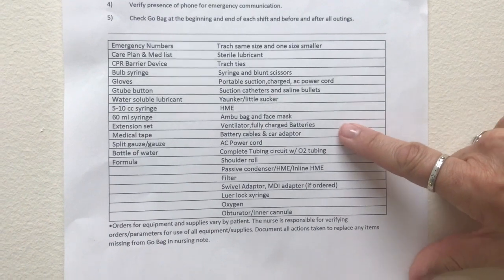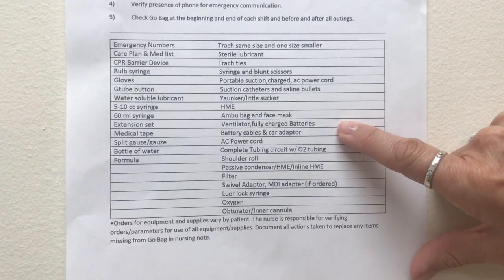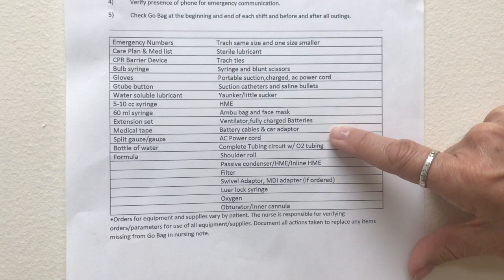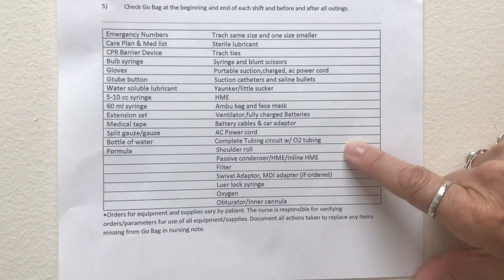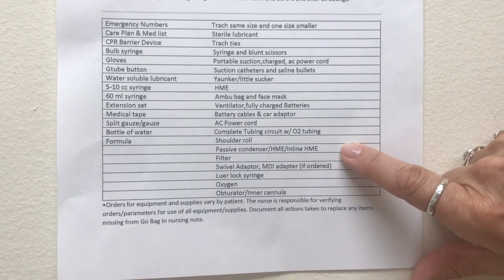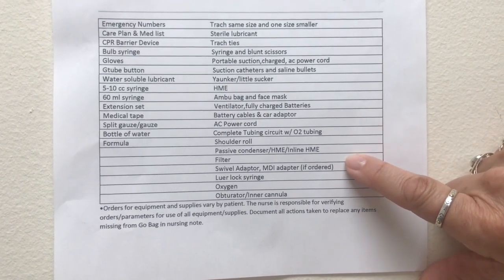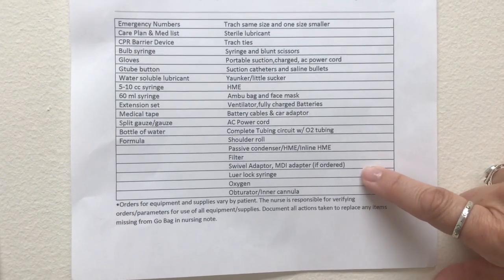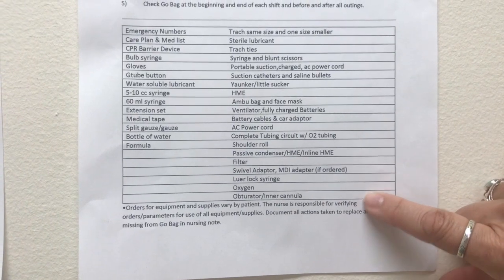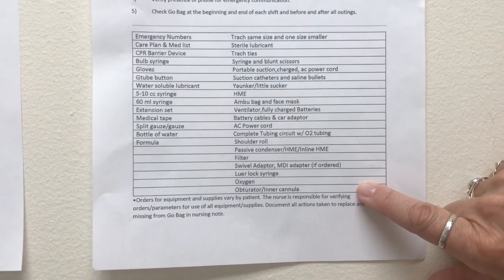Let's go over those briefly: ventilator fully charged with batteries, battery cable and car adapter, AC power cord, complete tubing circuit with O2 tubing, shoulder roll, passive condenser HME, inline HME, filter, swivel adapter, MDI adapter if ordered, Luer lock syringe, oxygen, obturator, inner cannula. Again, spaced for adding things, but this is a really important responsibility. If you don't know what these items are, you need to talk to your case manager.